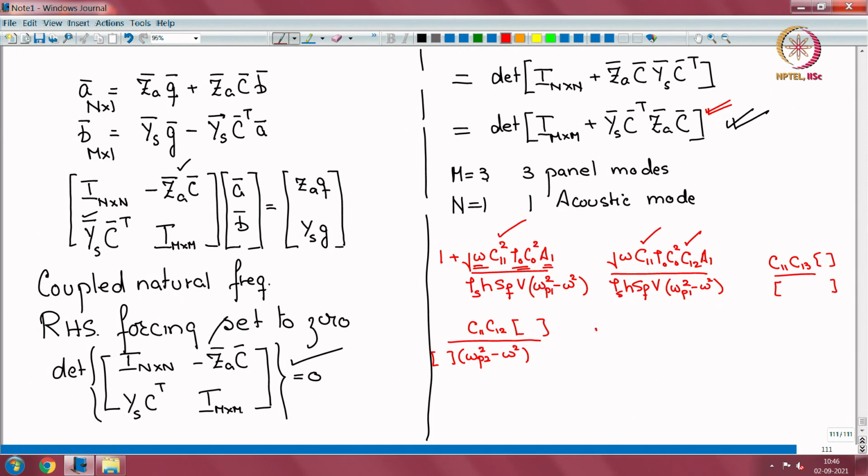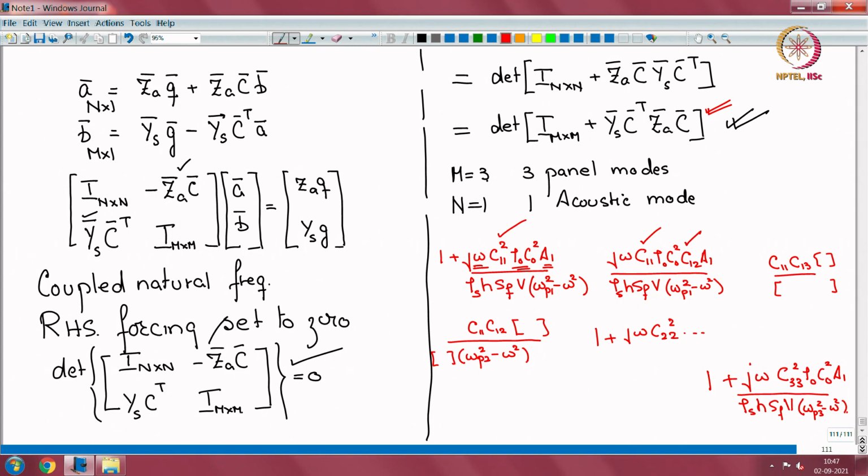Okay, and here again you will have 1 plus j omega c22 square etc. Here you will have 1 plus j omega c33 square, rho 0 c0 squared a1 by rho sh sf v, omega p3 squared minus omega squared.